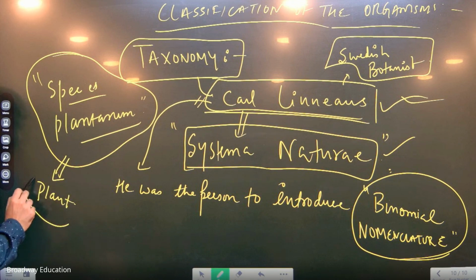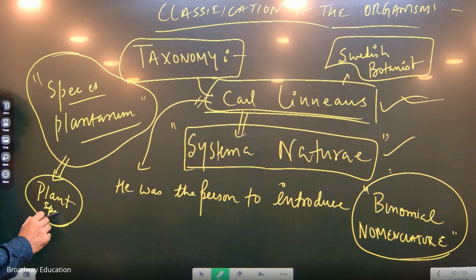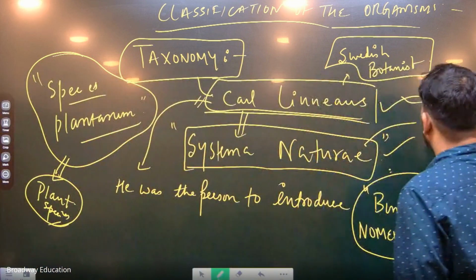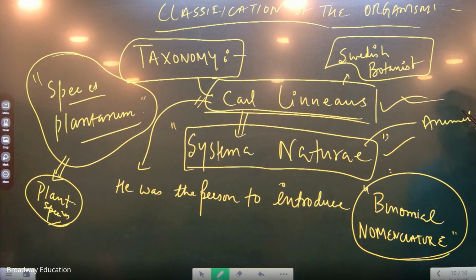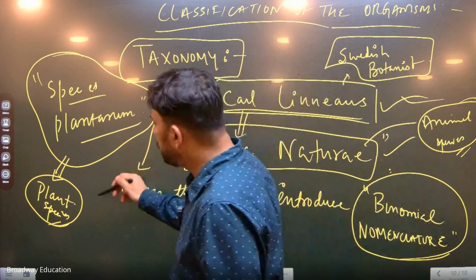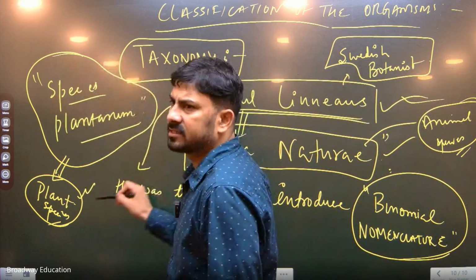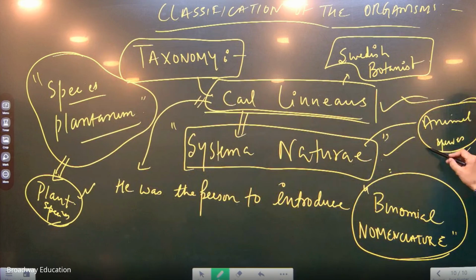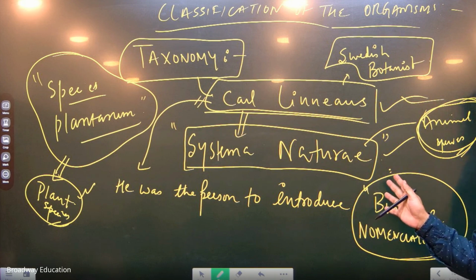Okay, getting my point? Whereas in Systema Naturae, animal species were mostly present. This part is clear? Yes or no? So in Species Plantarum, mostly the plant species and their descriptions were published, whereas in Systema Naturae, mostly the animal species and their descriptions he gave. Is this part clear with everyone?